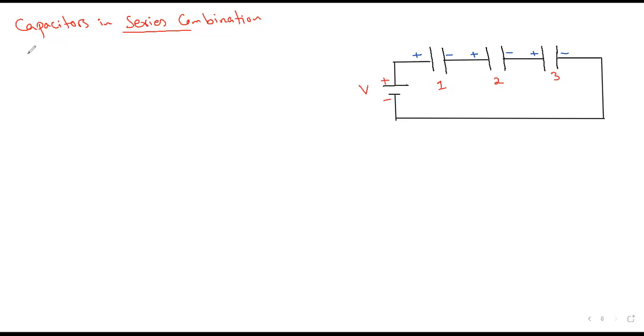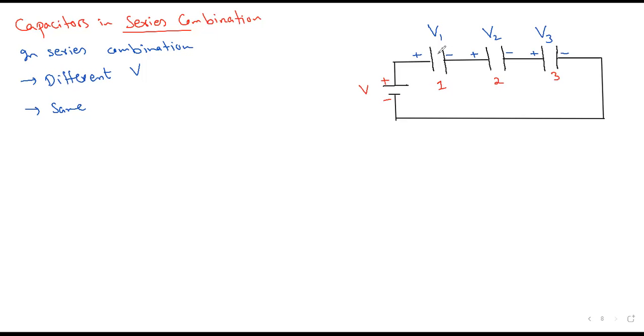Okay, so in a series combination, all capacitors will get a different voltage. This will get V1, this will get V2, this will get V3. So we have different V, but we will have the same current.